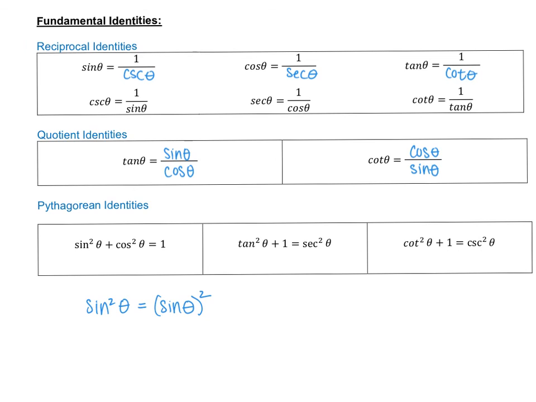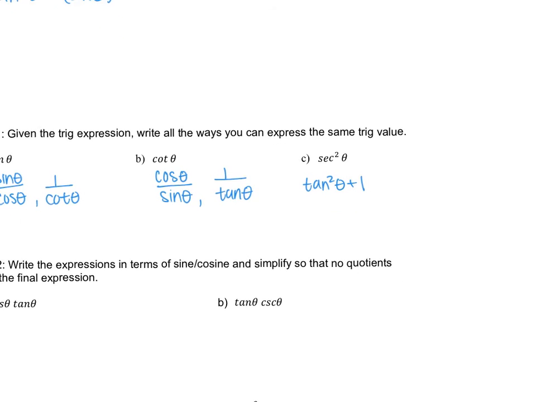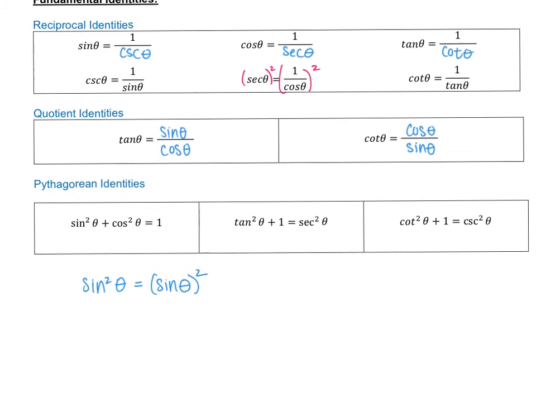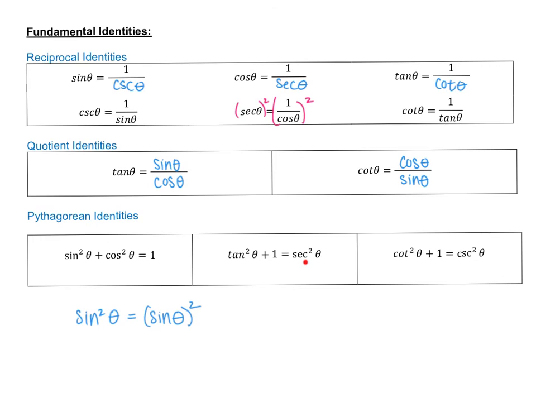Well, if I just square secant here, I'm going to have to square all of this. So if I were to do that, I would get 1 squared, which is just 1, and I would get cosine squared in the bottom. So I have to square the top and bottom. Essentially what that would end up looking like is 1 on top and cosine squared on bottom if I'm representing secant squared. And I think that's all the ways I can represent secant, because that's the only one I see, and that one, which I'll go ahead and erase now.